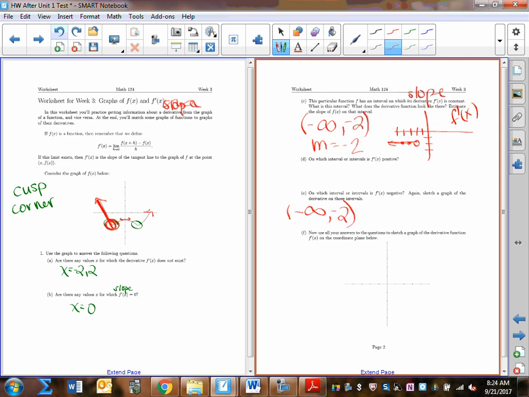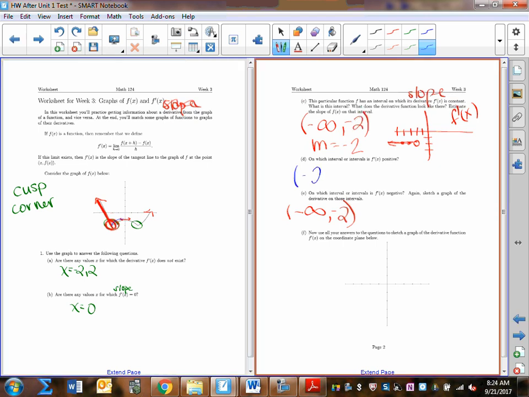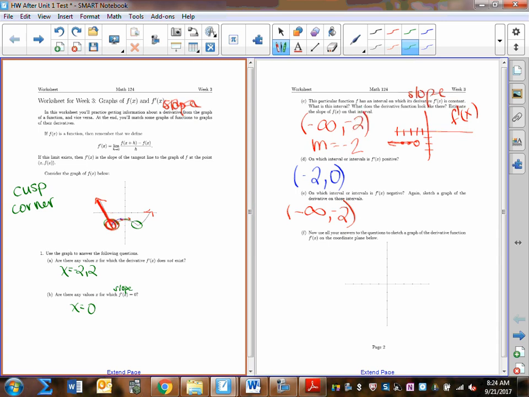Now, once we come along after -2, is this positive or negative? Positive. So that's what? -2 to where? Good. 0. And we're not going to include that 0, because the slope at 0 is 0, so that's neither negative nor positive.